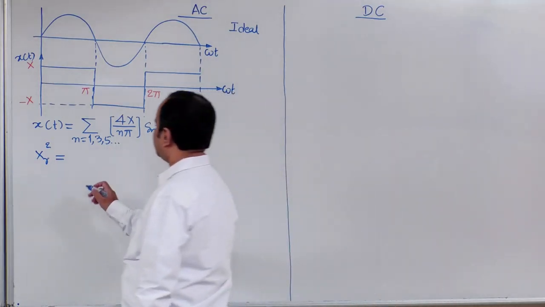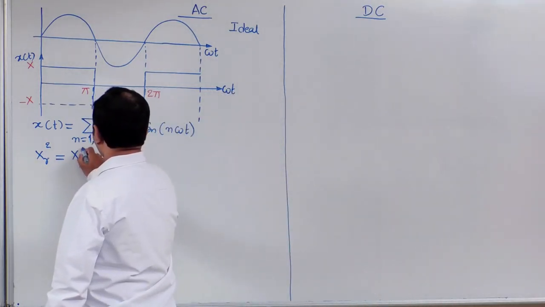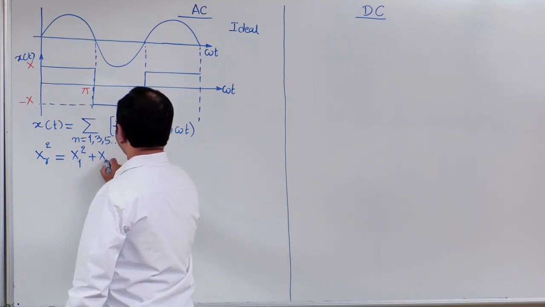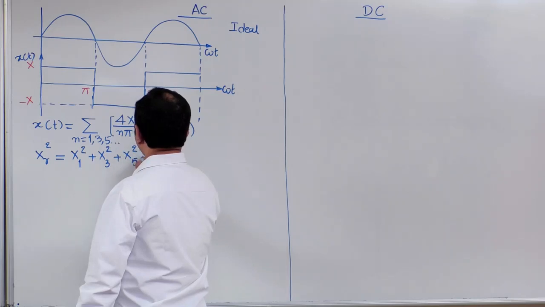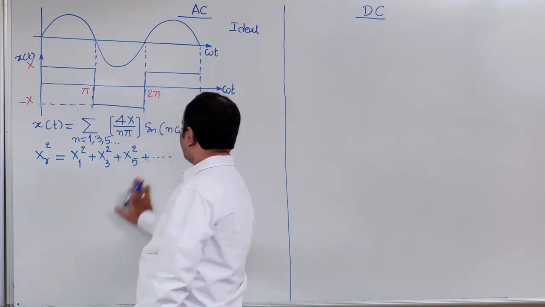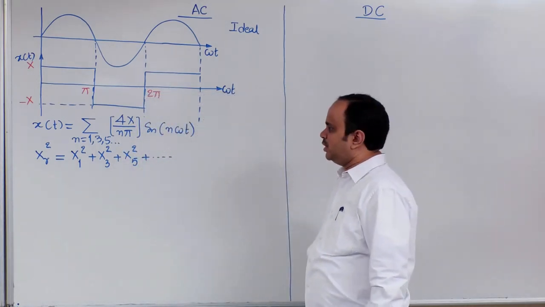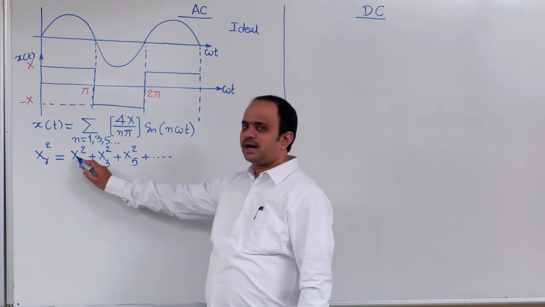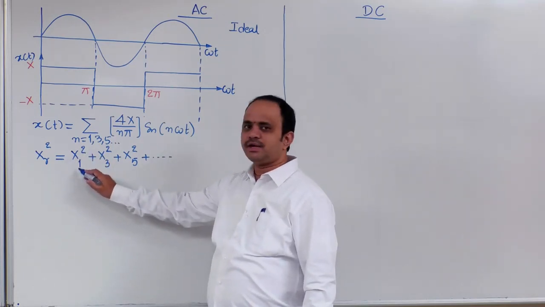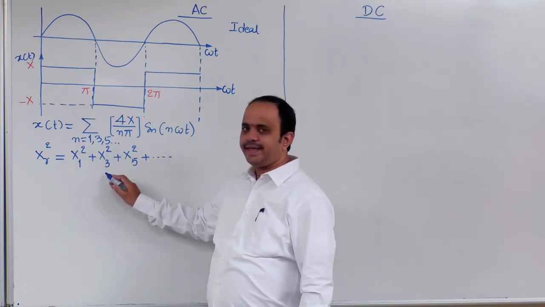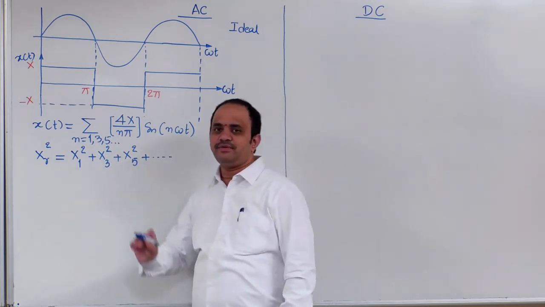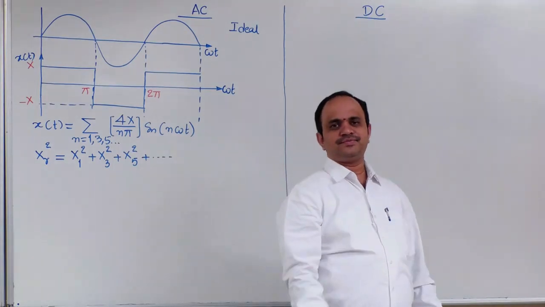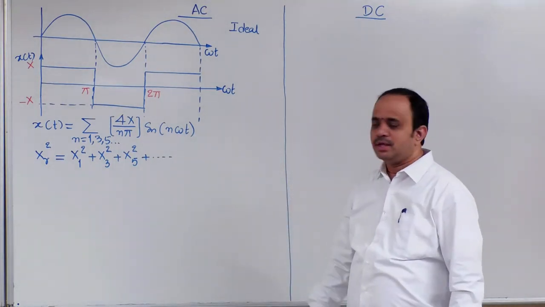Xr square equals x1 square plus x3 square plus x5 square and so on, where x1 is the RMS value of the fundamental component, x3 is the RMS value of the third harmonic, x5 is the RMS value of the fifth harmonic, and so on.